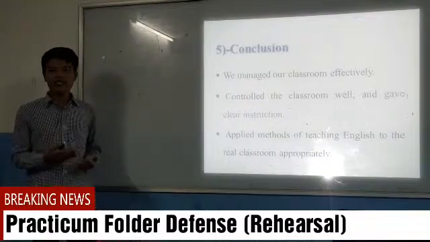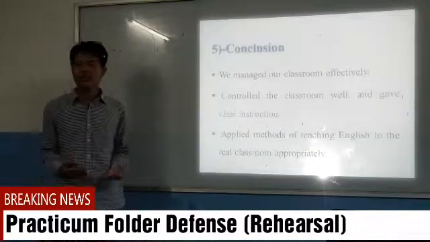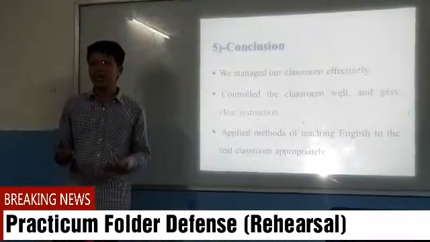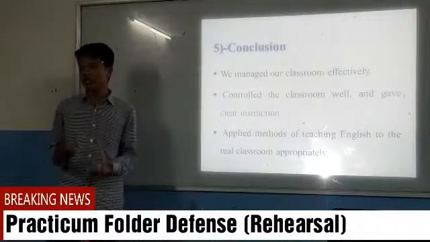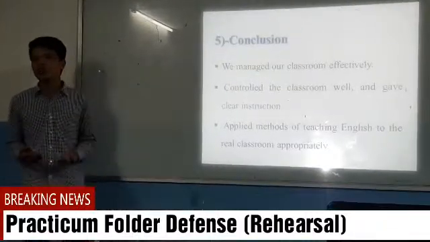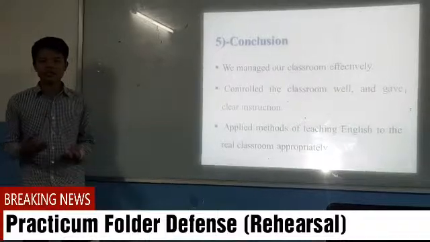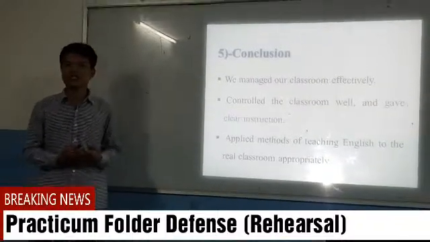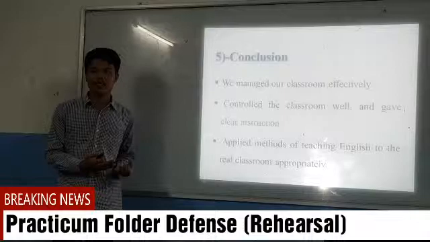As a teacher, you have to do classroom management. You have to prepare the lesson plan. You have to have good techniques to engage the students.